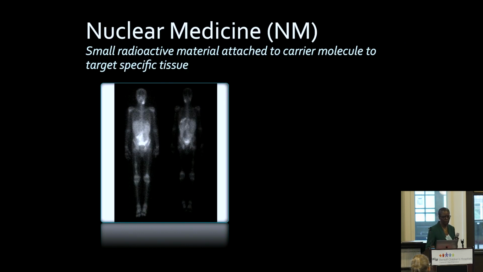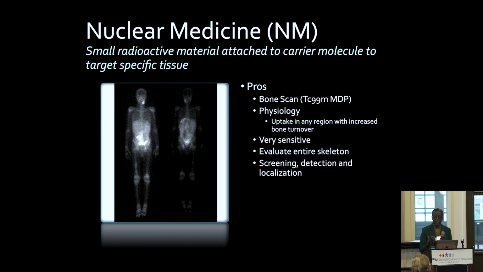In nuclear medicine, we heard a little bit about it from Dr. Sabatini, where a small radioactive material is attached to a carrier molecule to target a specific tissue. So here we have a bone scan and the molecule is targeting bone. And so you're going to get areas of increased uptake in any area where you have increased bone turnover. So it's very sensitive.